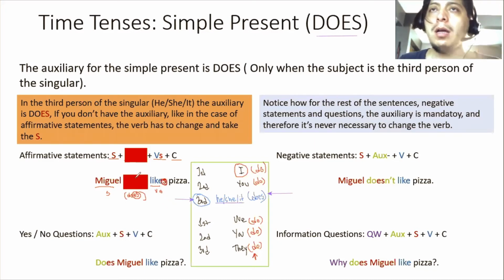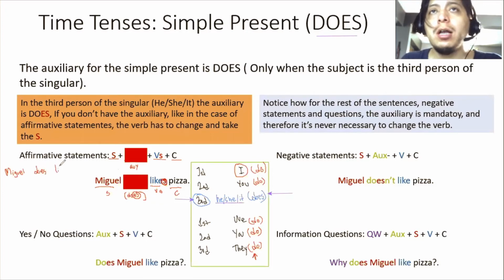In the first and the second person, it was do, so you didn't have to add an s. The s is only for the third person of the singular in affirmative statements because you don't have the auxiliary. If you don't have the auxiliary, then the verb has to change a little bit, and then you have your complement. Miguel likes pizza.